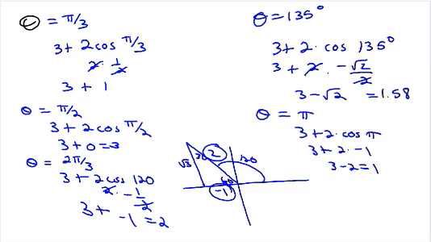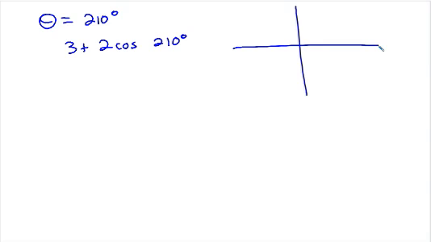All right? Well, if I let theta be 210 degrees, then I have 3 plus 2 times the cosine of 210. Well, just so that we understand, let's draw the bow tie on this real quick. 210 is 30 degrees past, so that's 30. This is 60. So this is going to be -1, 2, negative radical 3.